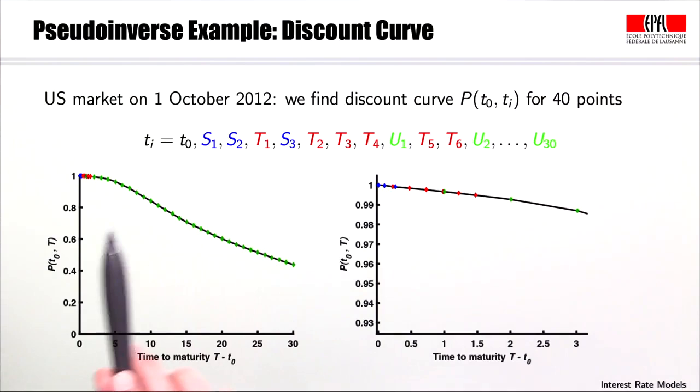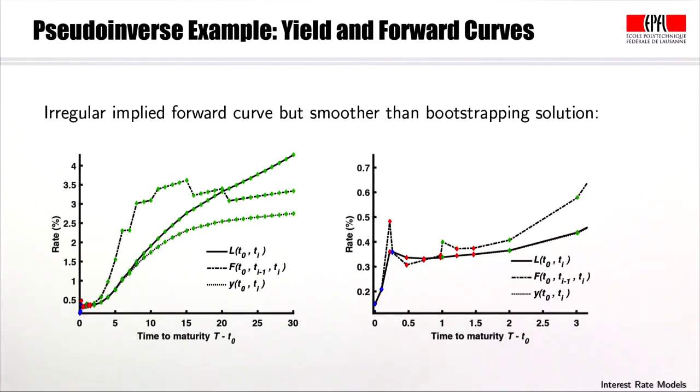The discount curve is shown here on the left-hand side and zoomed in on the right-hand side as a function of time to maturity. The implied yield curve and the forward curve is still irregular, but the comparison shows it is smoother than the one that we got from the bootstrapping.